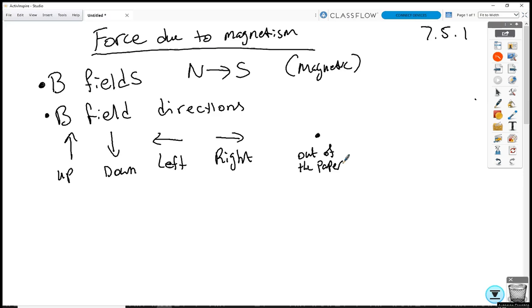Now sometimes points are difficult to see, so they're reinforced by a circle on the outside of the point, just to make it easier to see. And then into the paper, it's like an arrow's flying away from you. In other words, you've shot an arrow, so you see the feathers on the back of the arrow when the arrow's flying away from you into the paper. So that's represented as a cross, which is into the paper.